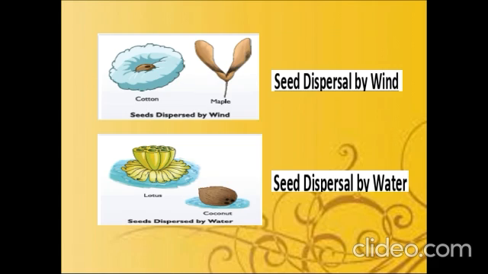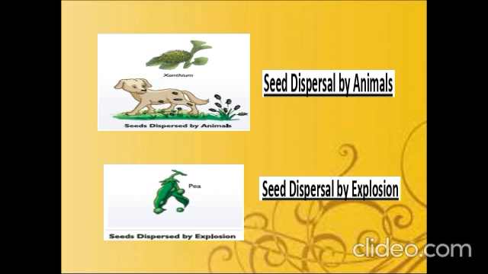So how does dispersal take place? Dispersal may take place by wind, water, animals, birds, etc. With the help of wind, the seeds may fly in the wind and move from one place to another. Water dispersal means seeds may float in the water from one place to another, as in the case of lotus and coconut. Dispersal by animals: the seed may stick to the animal's skin. As the animals move from one place to another, the seeds may fall down at various places.